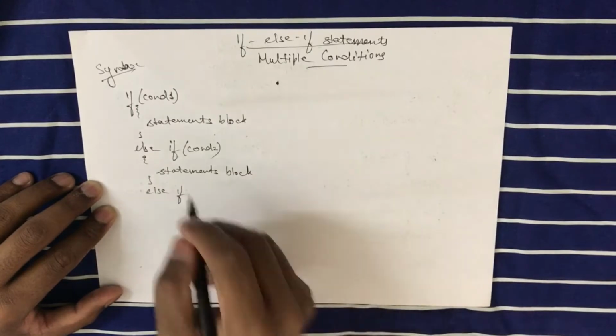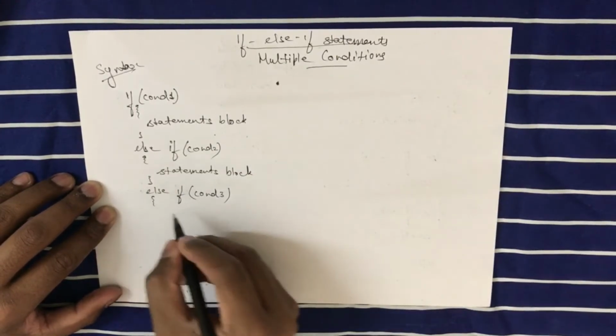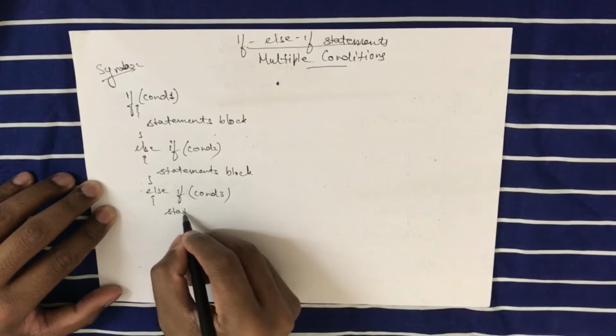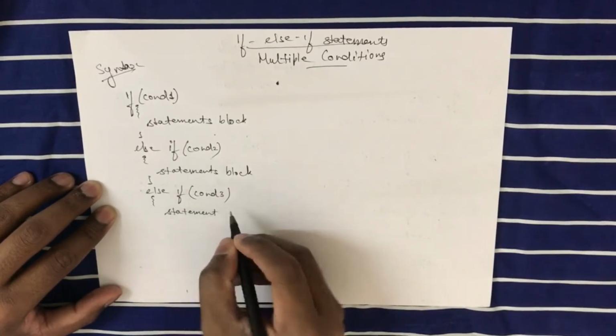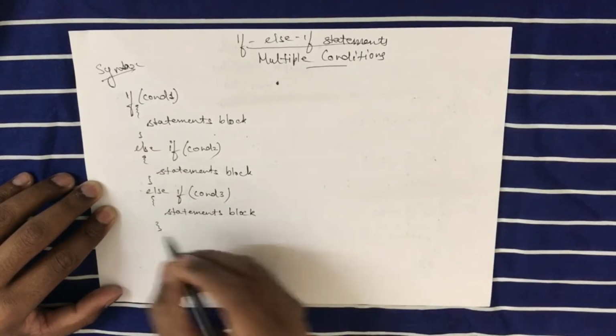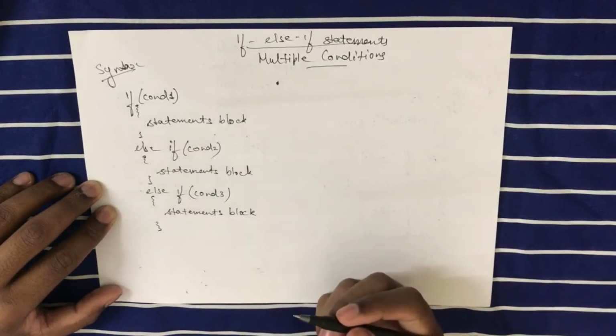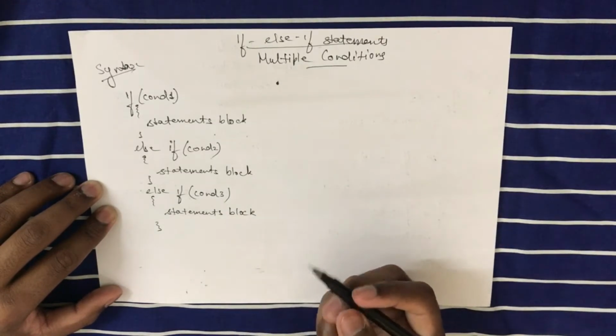If I need another condition, I can take another condition. I can take n number of conditions. It totally depends upon my program or my situation, how many conditions I need. So if I need 3 conditions, I can take 3 conditions, or if I need 100 conditions, I can take that many.